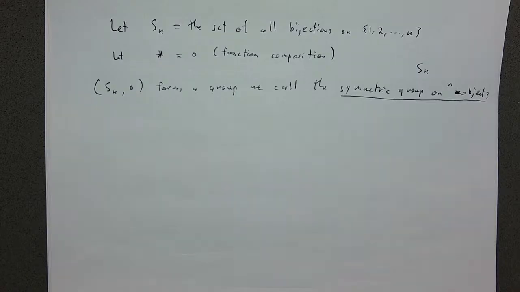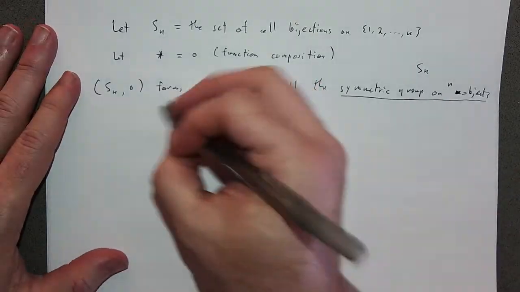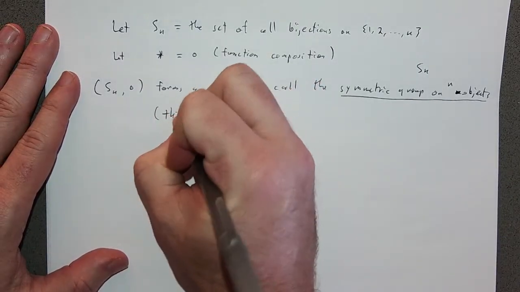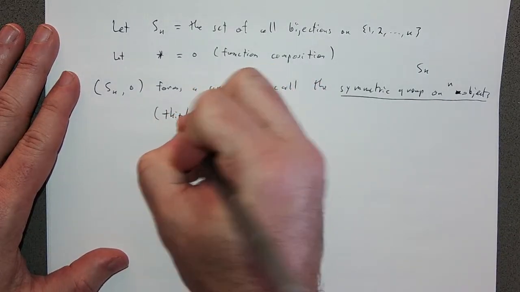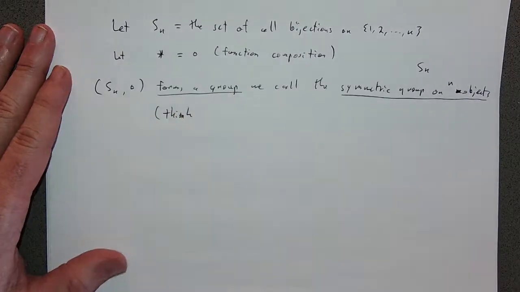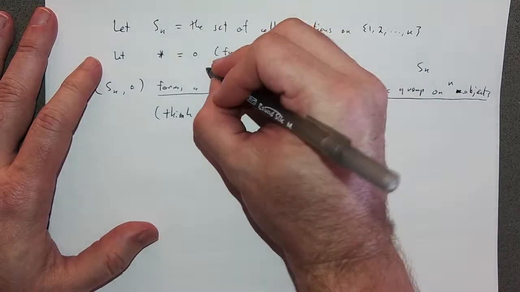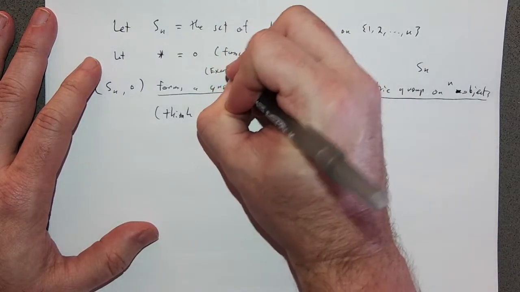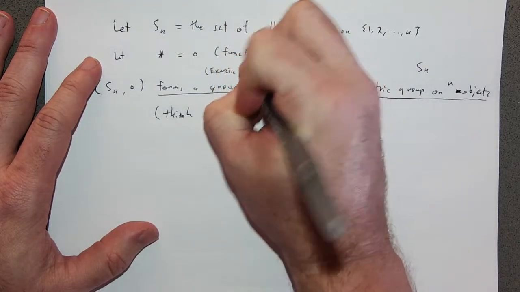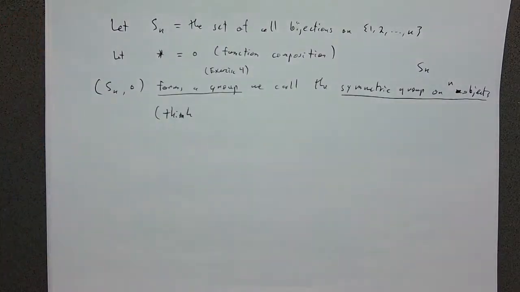The way to think about this, so think for a second. I claim that this forms a group. I'm going to leave that as an exercise. So this is exercise 4 in that section. I'm not going to fully show that.